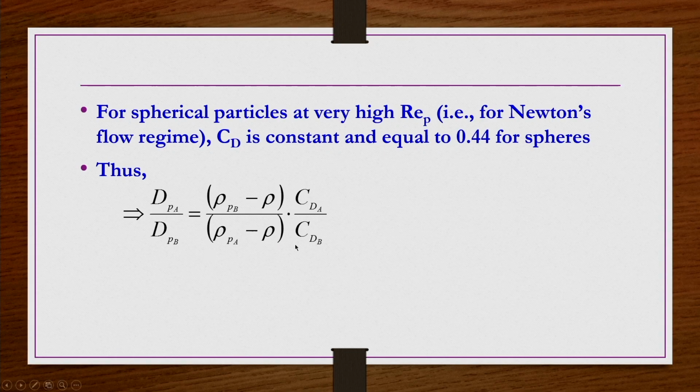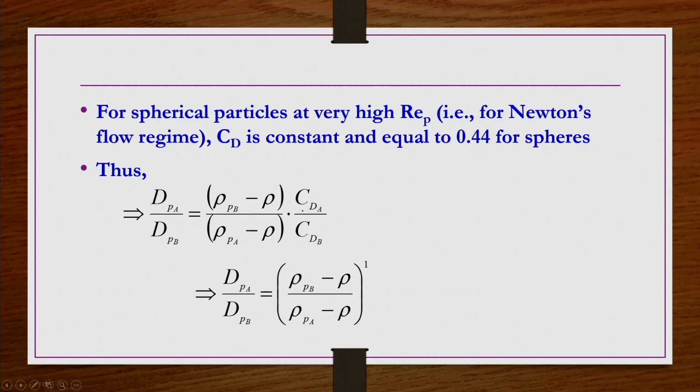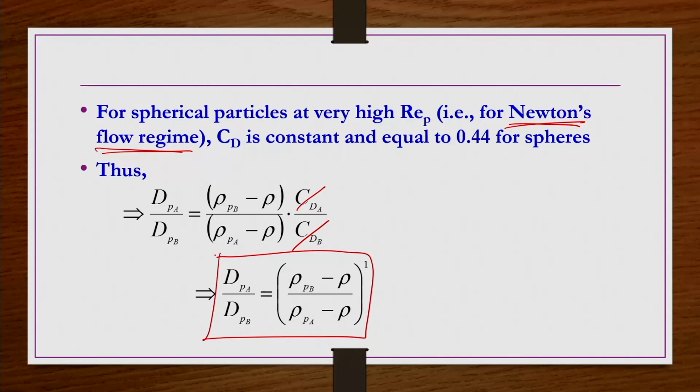Then in this equation, CDA and CDB are both equal, because 0.44 is the value for both of them under the Newton's flow regime. So, dPA by dPB is equal to (rho PB minus rho) divided by (rho PA minus rho).